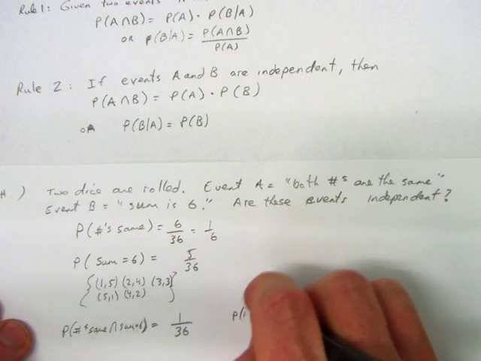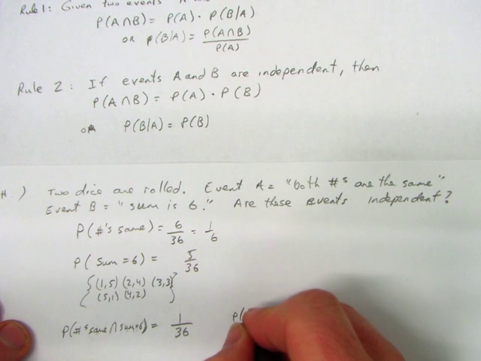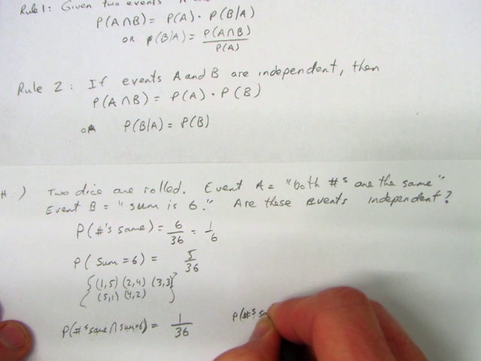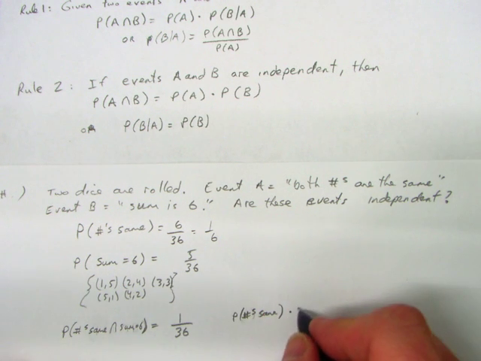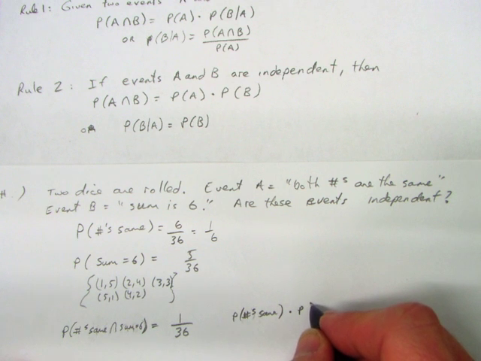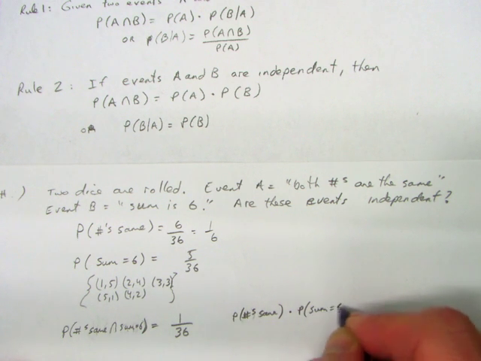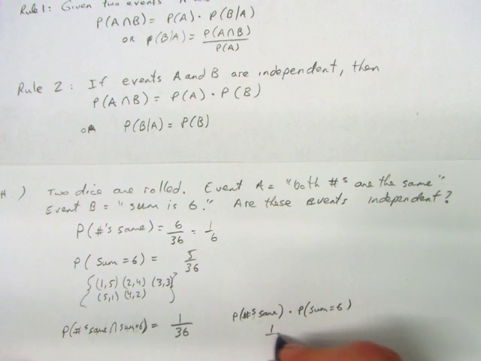And so over here, instead of saying probability A, we can just say the probability the numbers are the same, times, if they're independent, this would have to equal the probability that the sum is 6. So multiplication of these two: 1/6 times 5/36. And that'll give us 5 over 216.